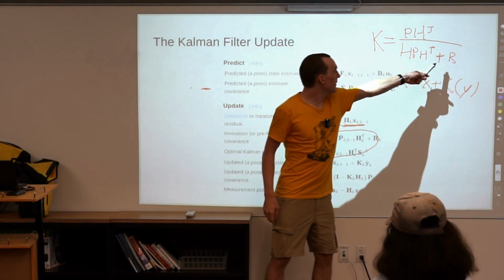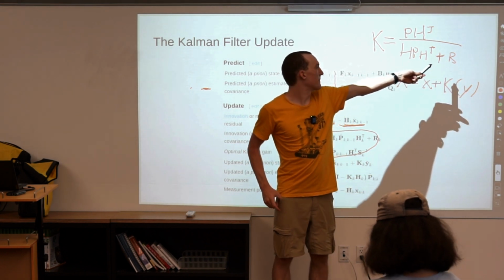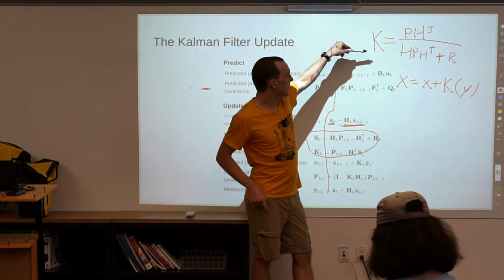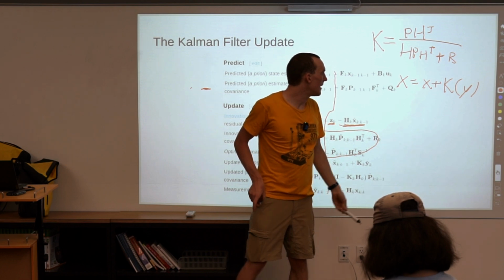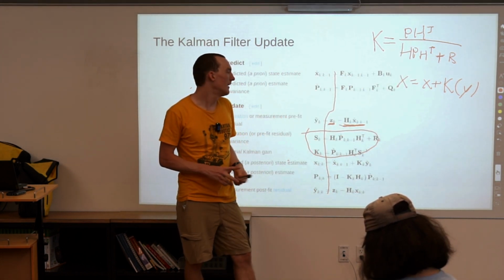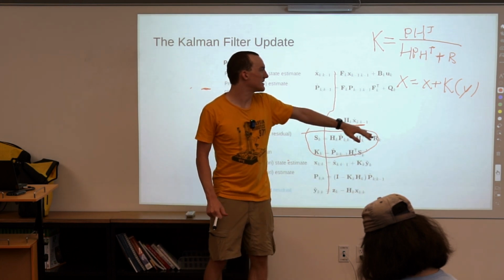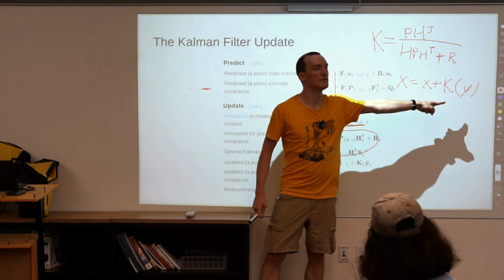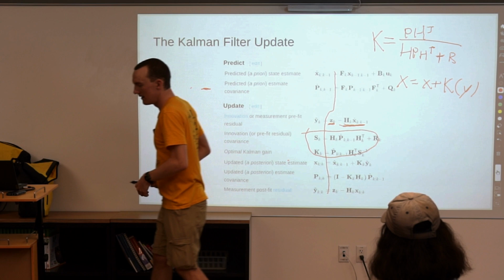If you really don't trust your sensors and your R is very big, then this K will go down to close to 0. The same thing will happen if your P is already very small relative to R. It'll be very near 0, and so you will just not really use your sensor reading all that aggressively.